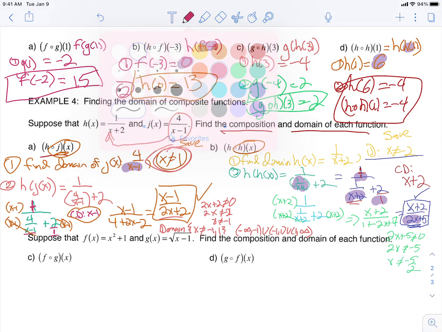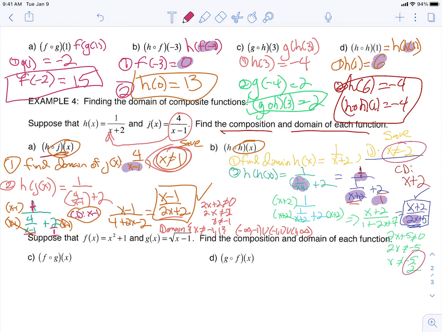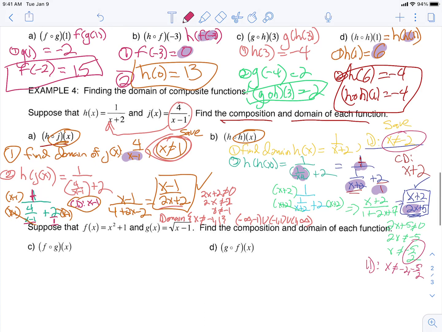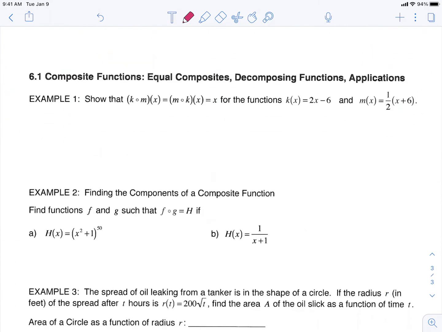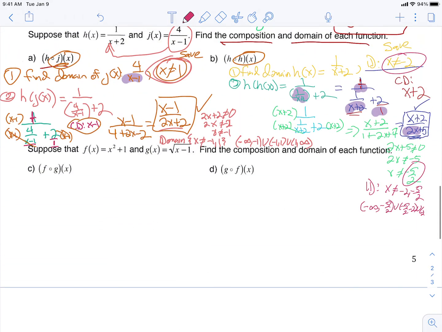So my final domain is a combination of this one and this one. So my domain here is x can't equal negative 2 and negative 5 halves. In Math Excel form, it's going to look like this. Negative infinity to negative 5 halves, union, negative 5 halves to negative 2, union, negative 2 to infinity. Squeeze it in there.